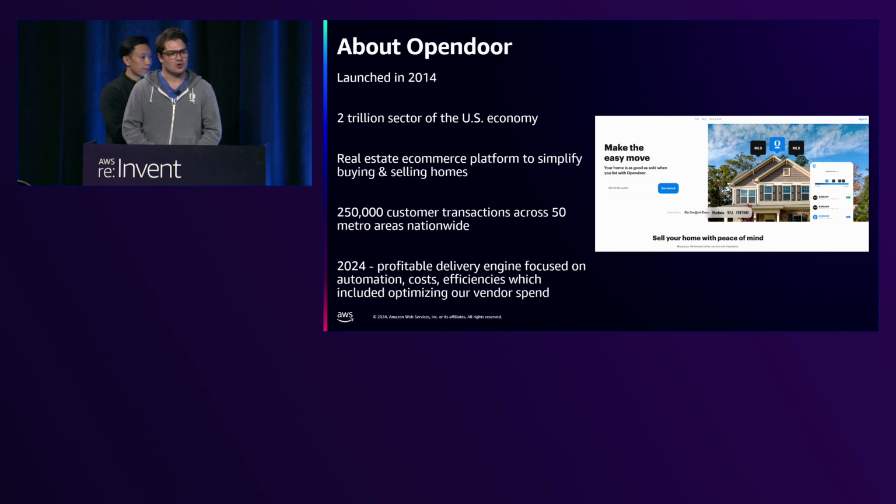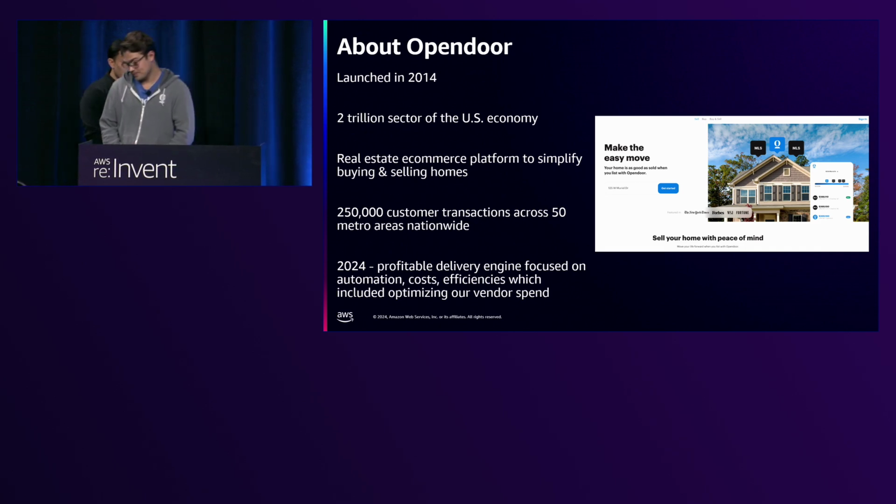Since then, we've helped over 250,000 customers with one of the most impactful and expensive events of their life. While we've been trying to simplify this journey for our customers, we've also been trying to simplify the journey for ourselves. We've been looking to cut down on confusion, double spend, and BI tools. To explain a little bit more about how we did that and how we handle our data at Opendoor, back to Felix.